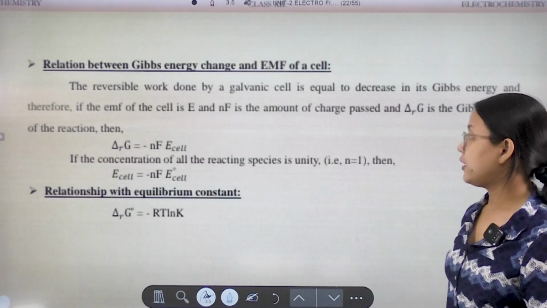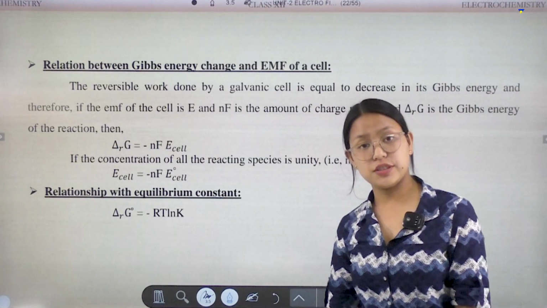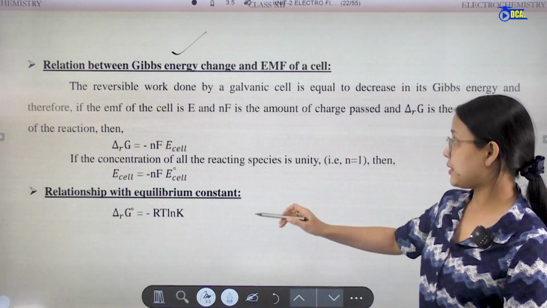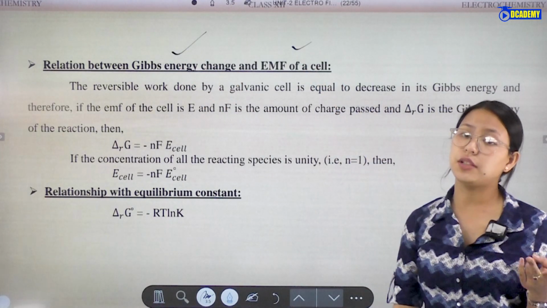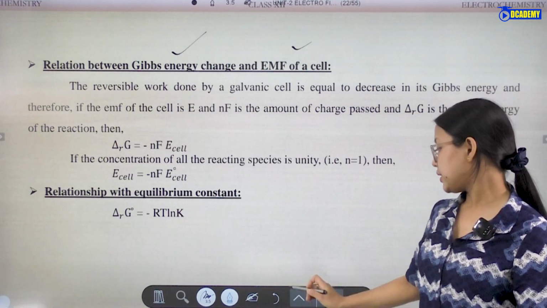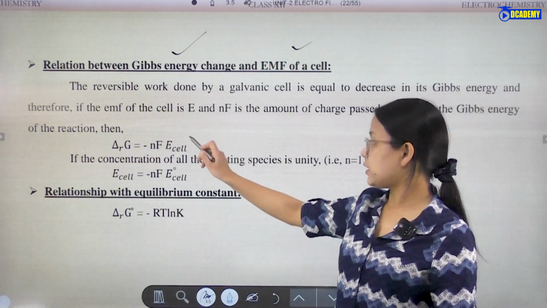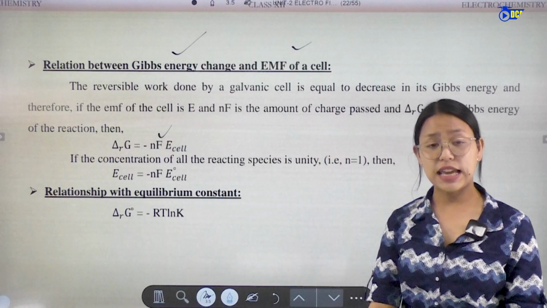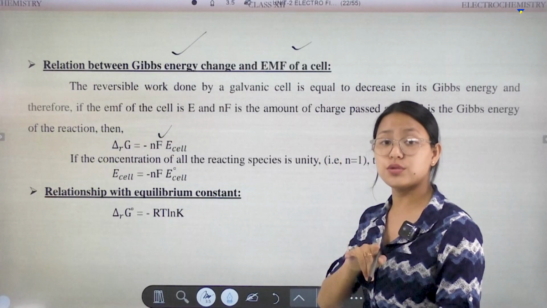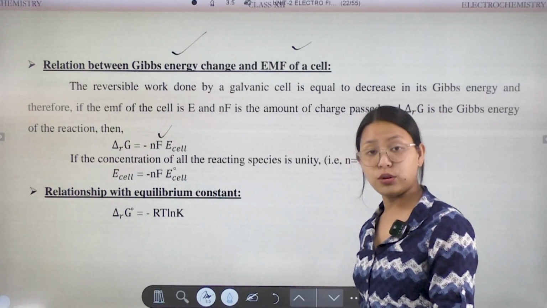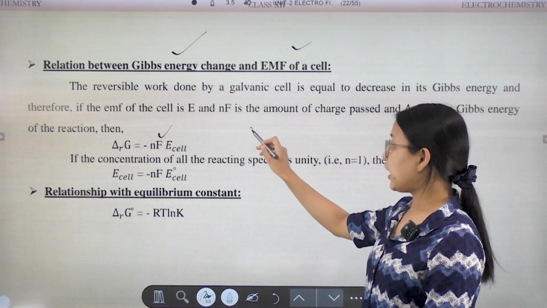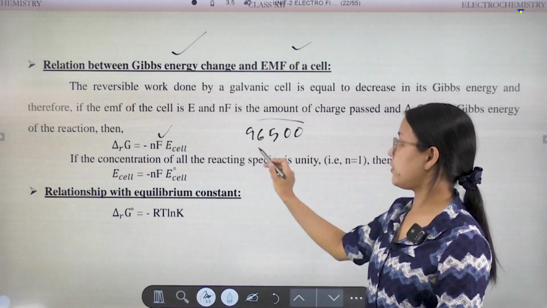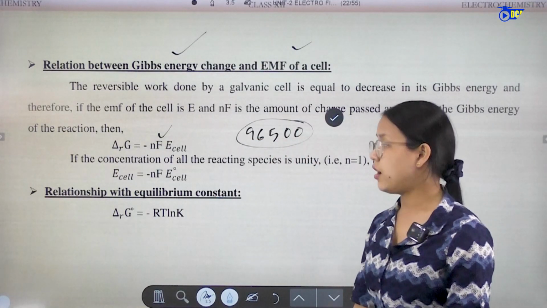Now next we look at the Gibbs free energy or Gibbs energy change and the EMF of the cell, and the relation between them. In the Nernst equation the value of F used is 96500. So let's see.